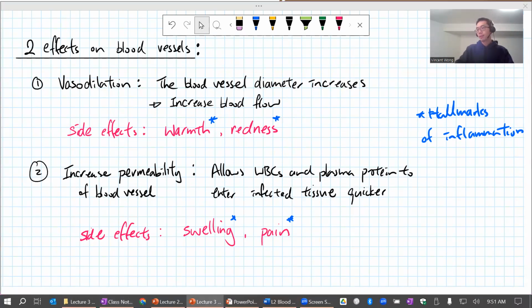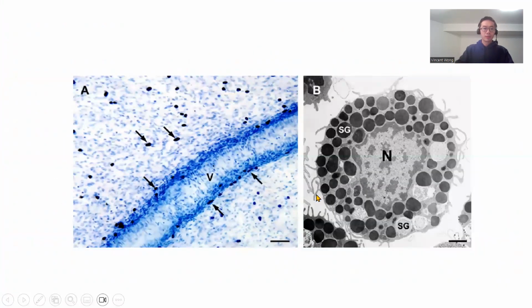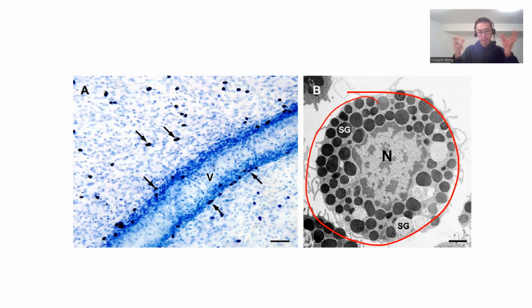All right. That is that. This is a picture of a mast cell, and all these things here are the pockets of histamine. Here all these arrows are pointing at a mast cell. You just have to believe me.